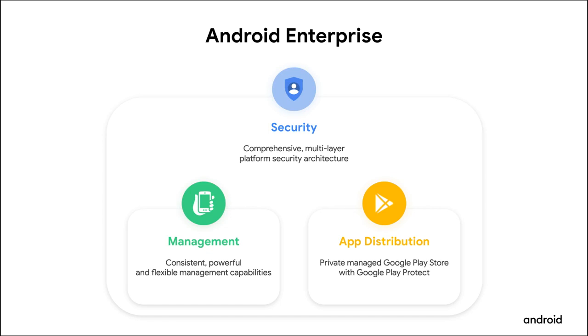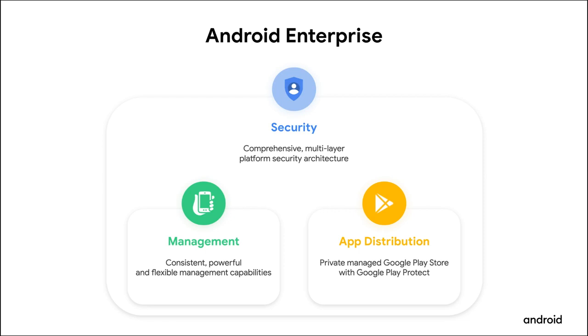So the management of a device through Android Enterprise provides a very consistent and flexible capability, and it is required by Google for all OEMs and carriers to use. We will talk about this as we move forward, but the CDD, or Compatibility Definition Document, is a standard by which OEMs and carriers must build their devices to meet the CTS, the Compatibility Test Suite.